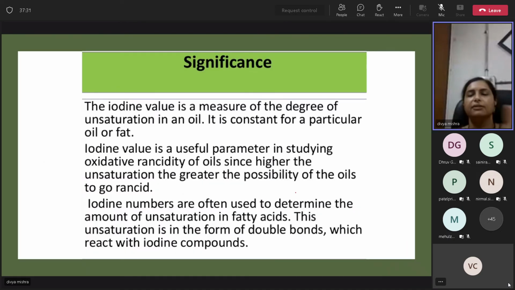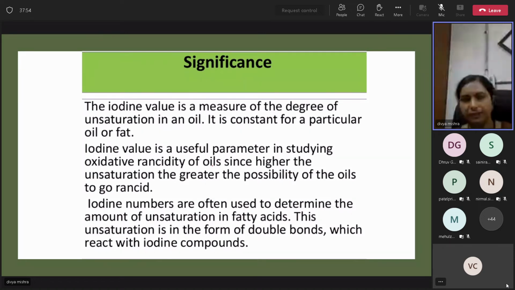Now, what is the significance? What can we derive? By measuring the iodine value, we can measure the degree of unsaturation present in the oil. We can say how healthy or unhealthy it is, and what kind of fat or oil it is. It is also a useful parameter to understand the rancidity of oil.